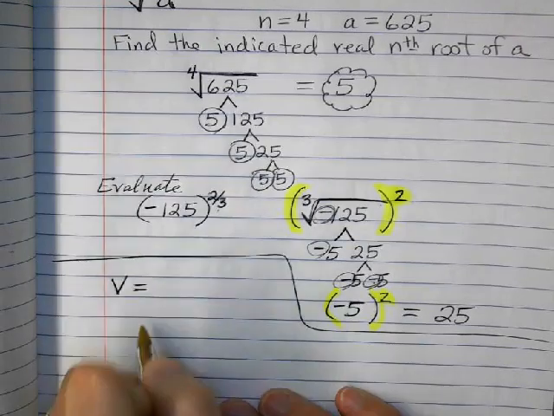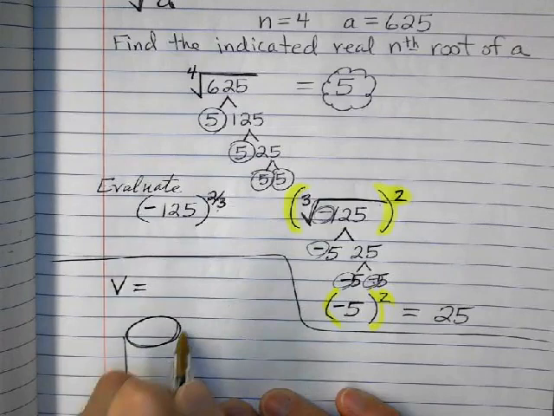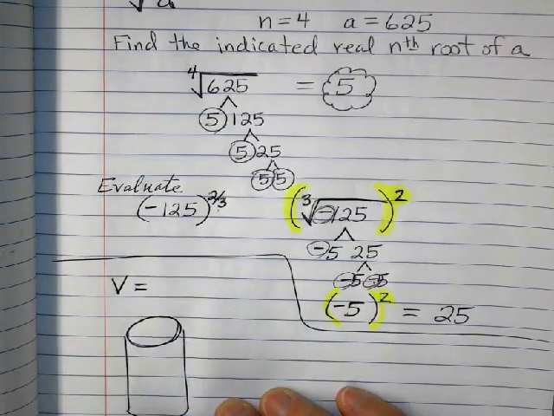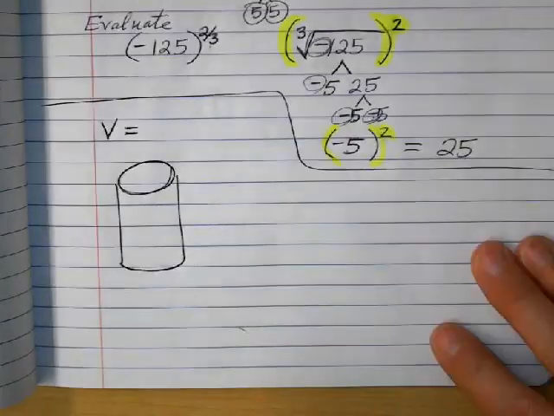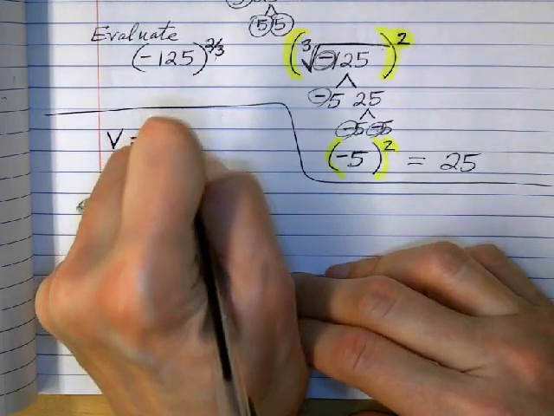They'll have pictures on the worksheet, like a picture of a cylinder like this. Let's say I tell you the volume is 502 inches cubed.